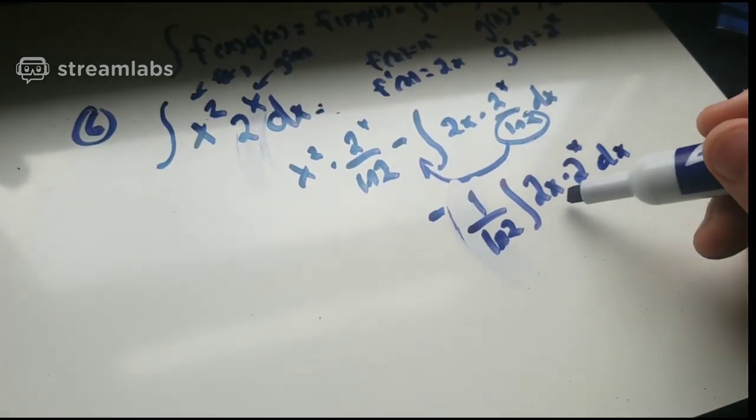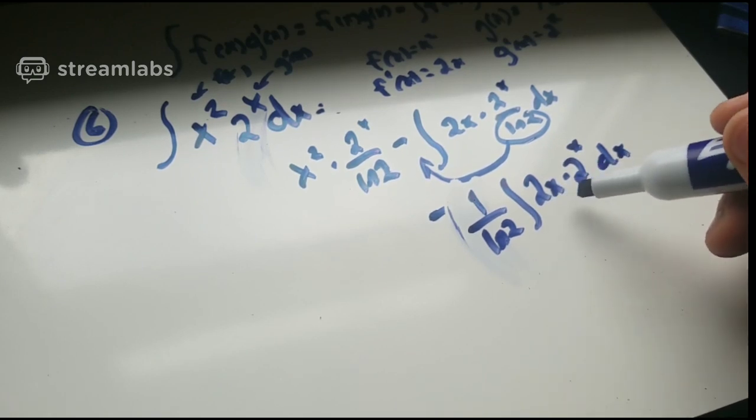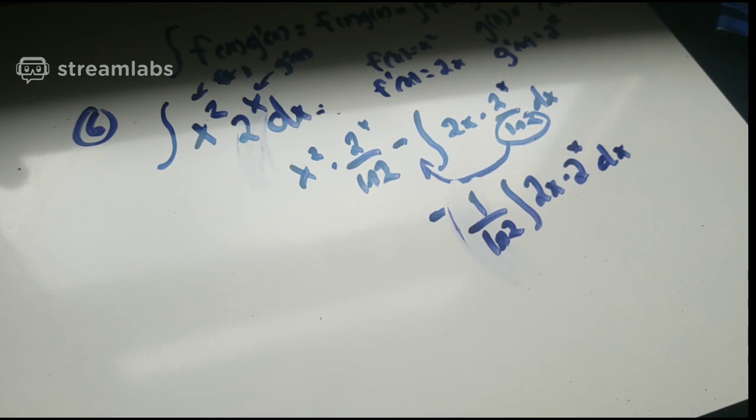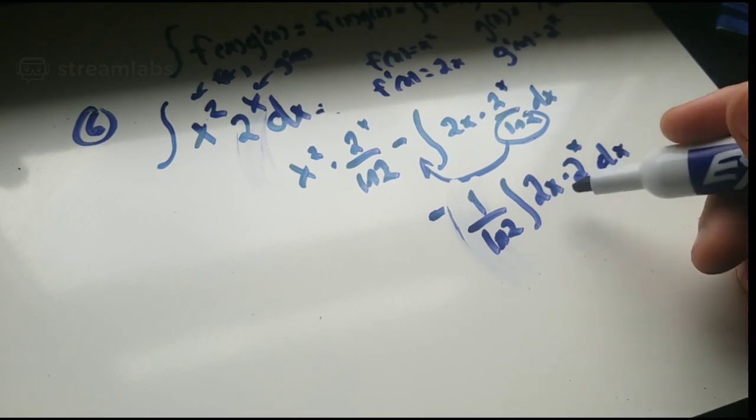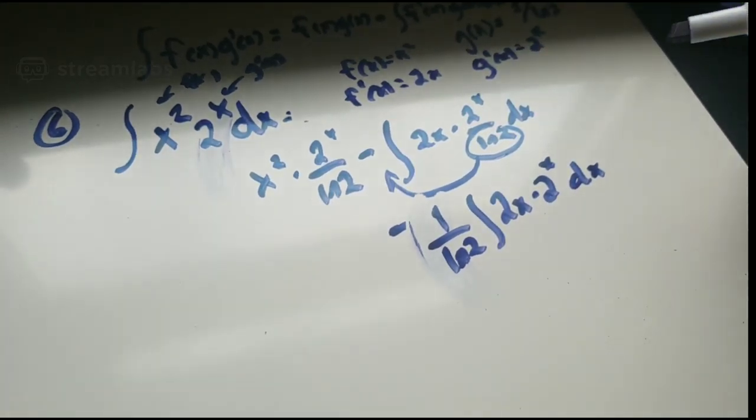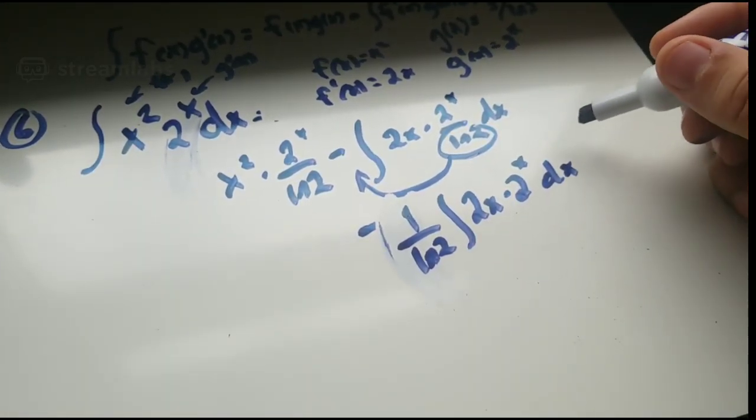Now here's my issue. I still don't know how to integrate that. So what this causes, and this is why number 6 is a really hard one, so that's kind of why I chose it, is that you're going to have to do another, that's right, another integration by parts, just to reduce the 2x. So now I have to do a second integration by parts.